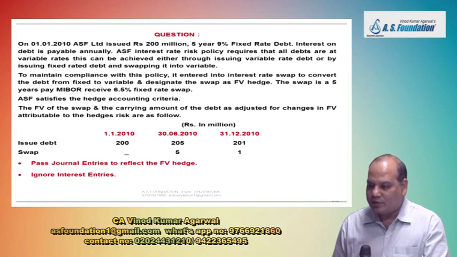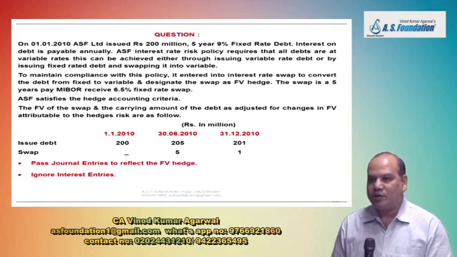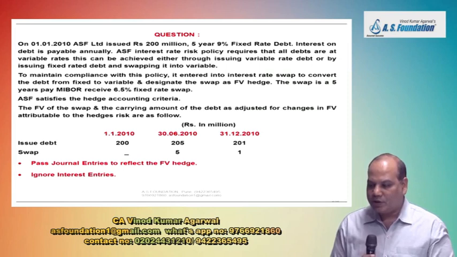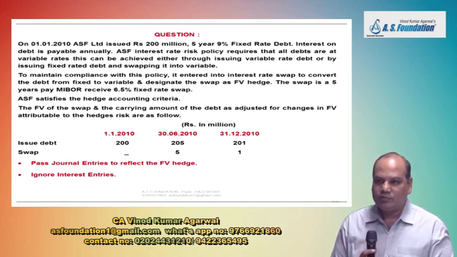ASF interest rate risk policy requires that all debts are at variable rate. This can be achieved either through issuing variable rate debt or by issuing fixed rate debt and swapping it into variable.